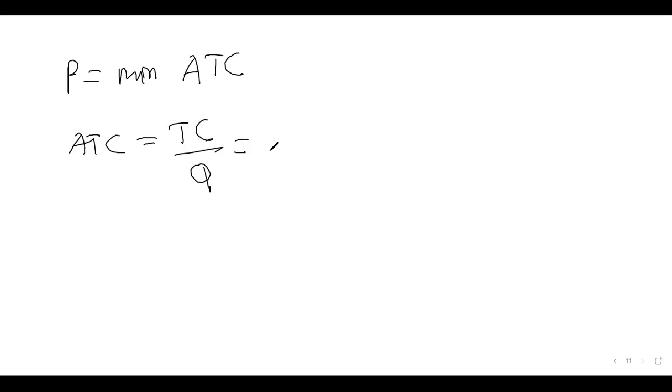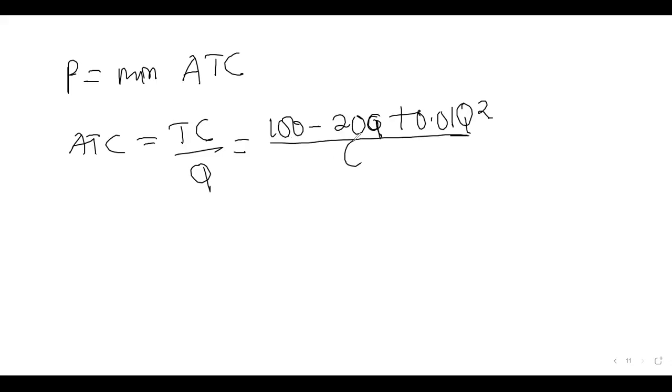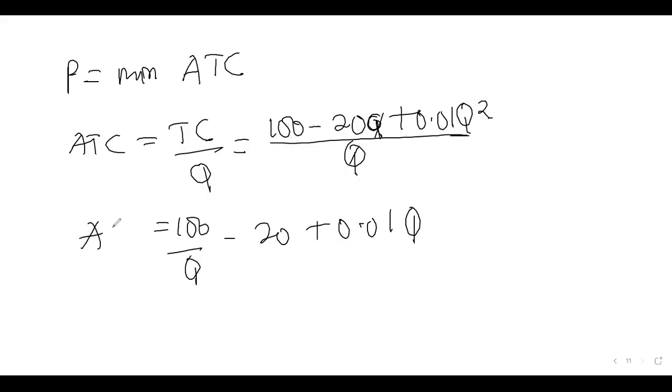The total cost function is 100 minus 20Q plus 0.01Q squared. Divided by quantity, you get 100 over Q minus 20, because this and this cancel, plus 0.01Q, because this Q removes one Q from here. So this is the average total cost.